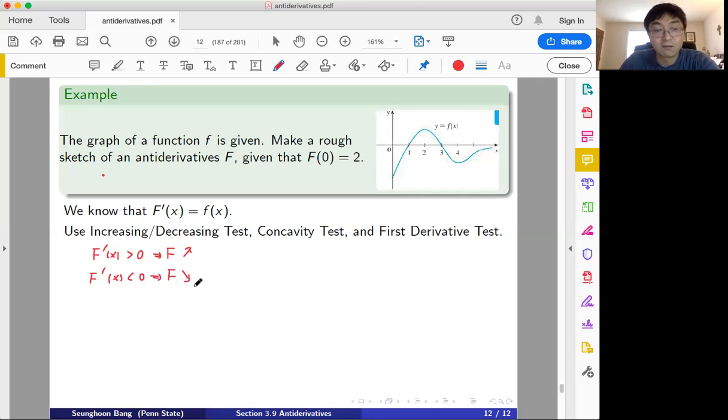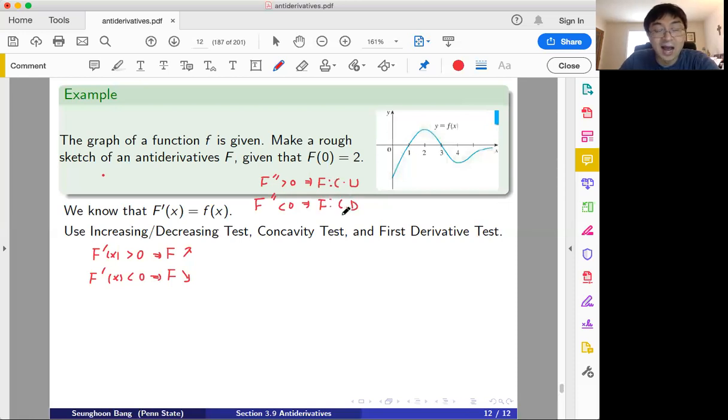Do you know the concavity test? Here, I want to use this one. If the second derivative is positive, capital F is concave up. If the second derivative is less than 0, capital F is concave down.